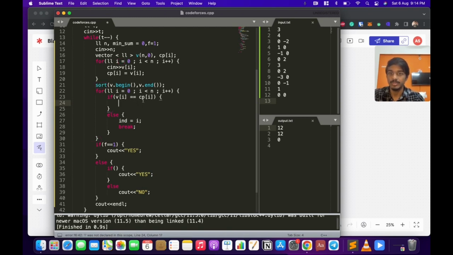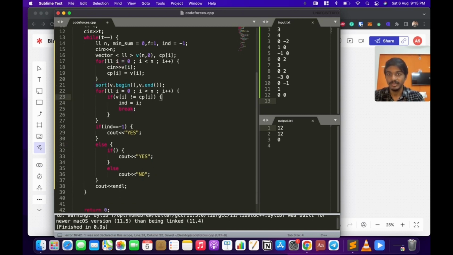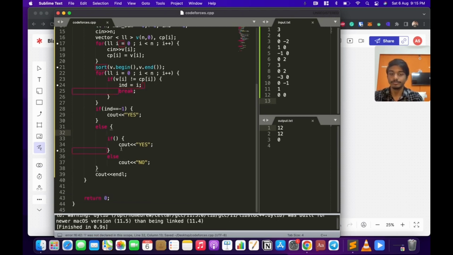So basically that means not equal to, index equal to minus 1. If index equal to minus 1, it's already sorted. Index equal to i, break. Index equal to minus 1. Else you have to follow the conditions.